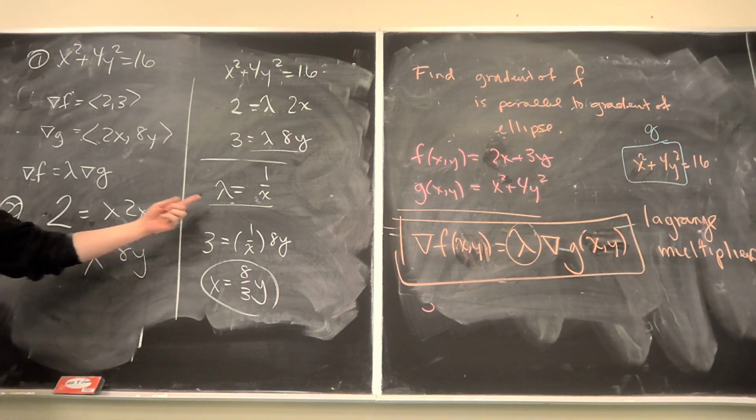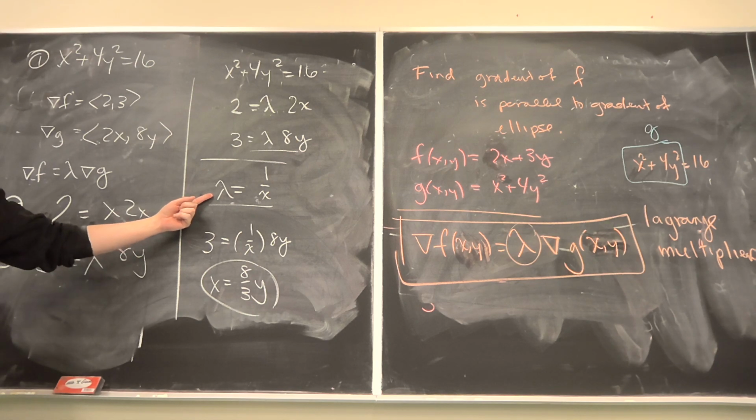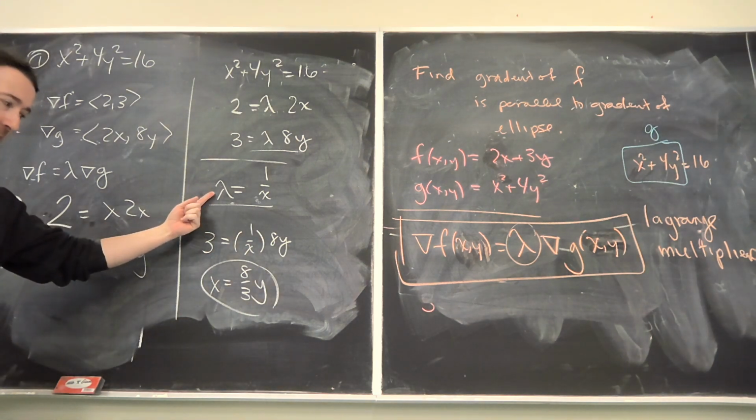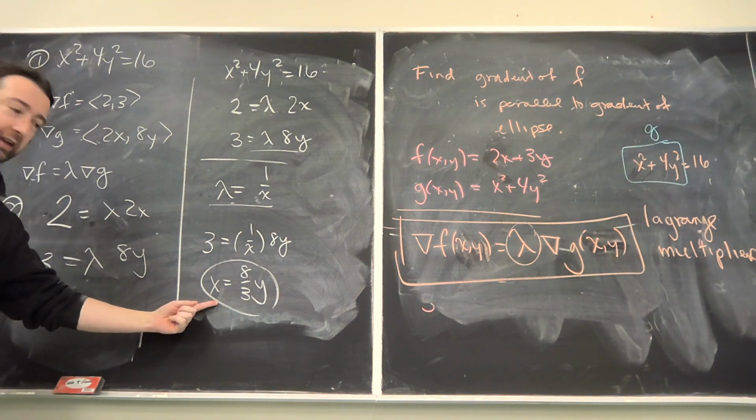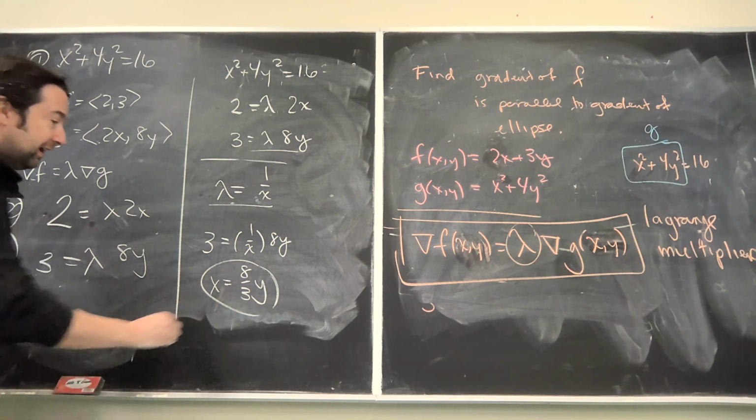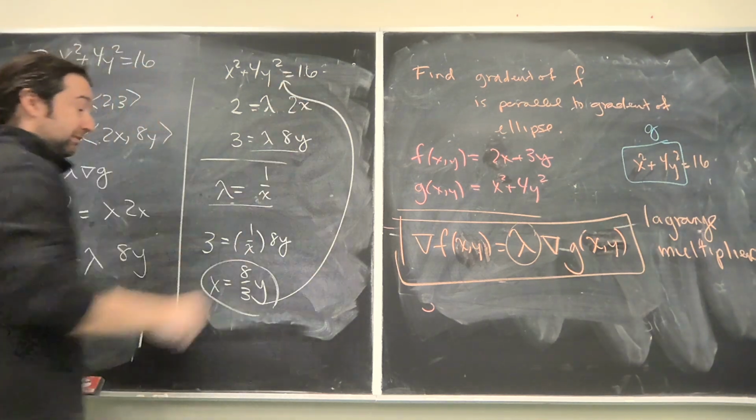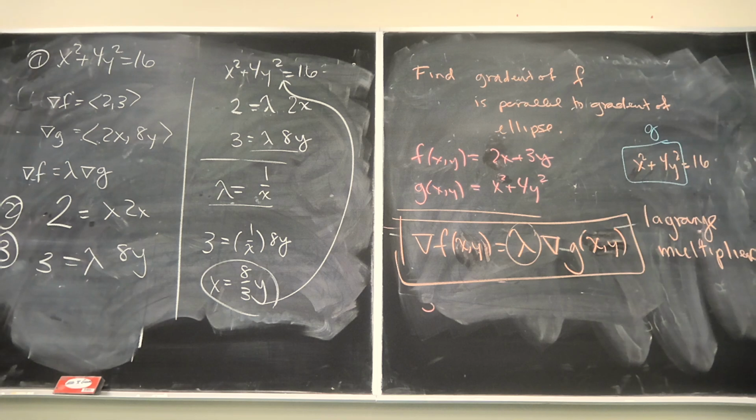So I've used one equation to get a substitution for lambda, and the next equation to get a substitution for x. Then I take that information and plug it into this equation. You should be suspicious here that these problems are long and nitpicky, because there are lots of equations you have to plug lots of stuff into, and they are. It's freaking obnoxious.